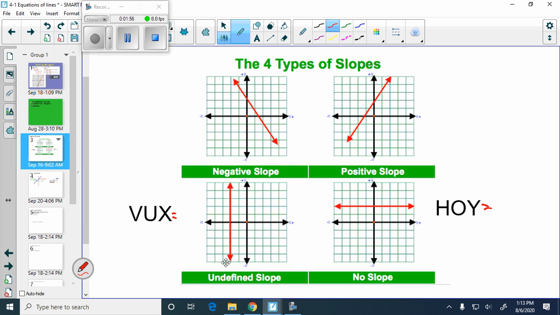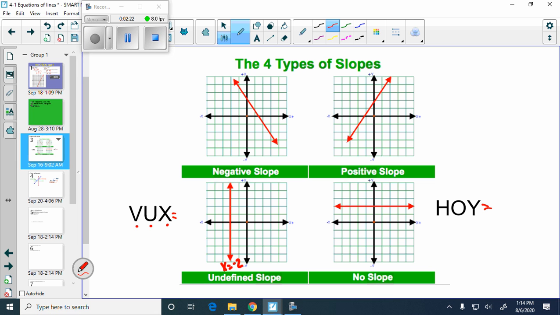A vertical line like this one has an undefined slope, and a horizontal line has a slope of 0. So VUX: vertical, undefined, and the x tells me the equation of this line, for example, is x = -2.